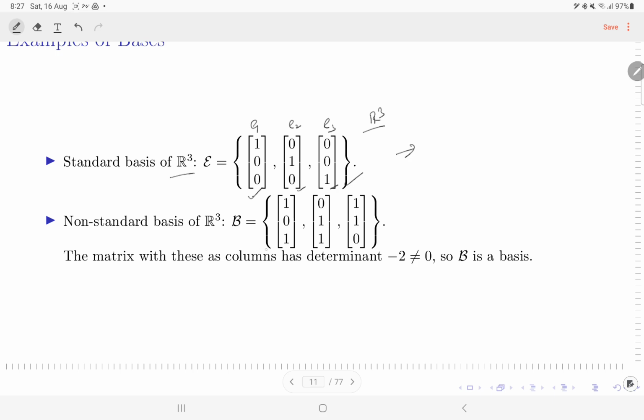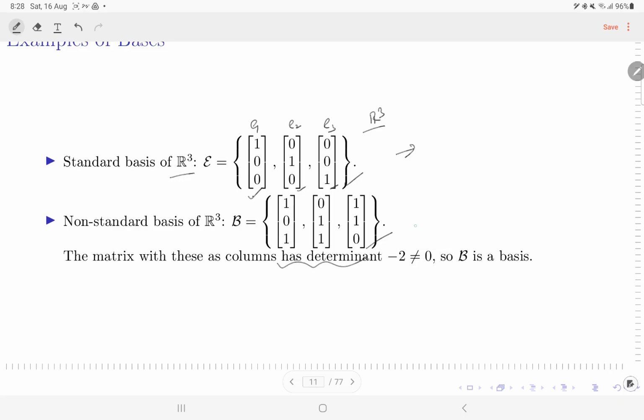And a non-standard basis in R3, you can write like this one. How can you show that these are linearly independent? One way is the conventional way, as I have already discussed, to show whether vectors are linearly independent or dependent.